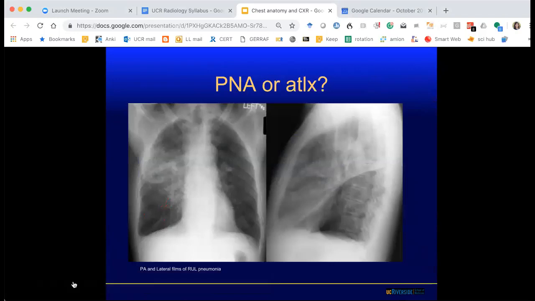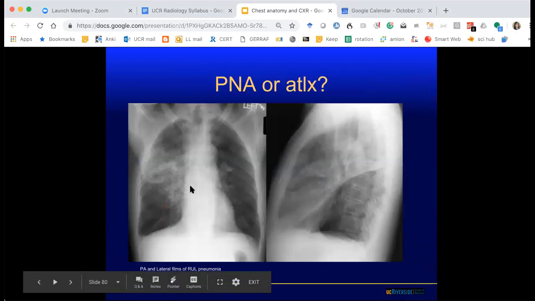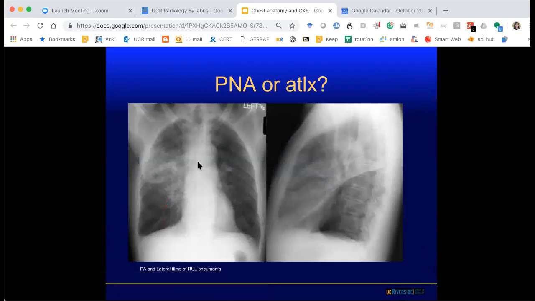Pneumonia? Okay, why do you think it's pneumonia, Madeline? Retraction of the hilum? No hyperinflation, no compensatory change. So the hilum is here. So here's a carina, and you see the right and left main.